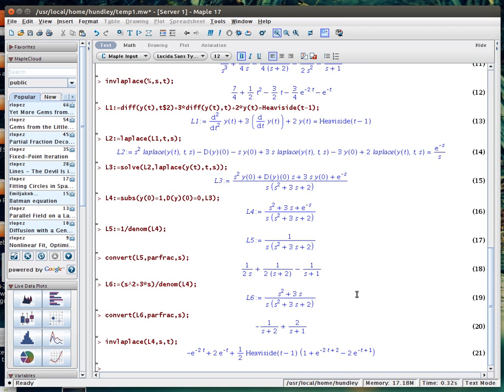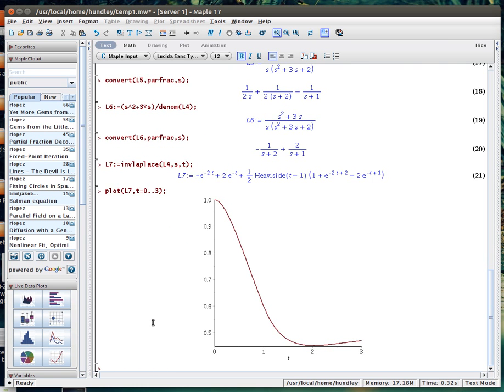Now we can plot this expression. Maybe I should have labeled it. Let's see, I'm up to 7, I guess. L7. And now if I plot L7, you'll notice here that this function turns on at time 1. So we'll go ahead and plot time from 0 to 3, say. Good. And so at time 1, a different function.